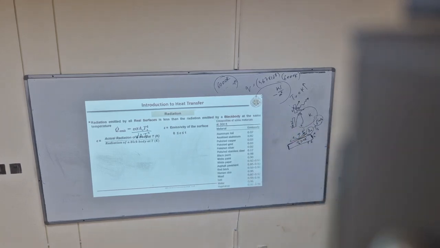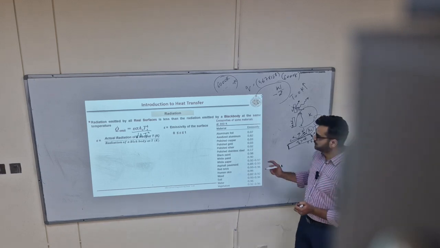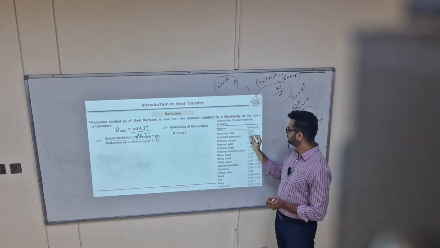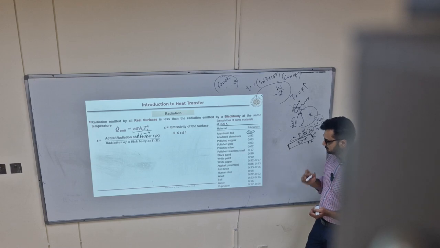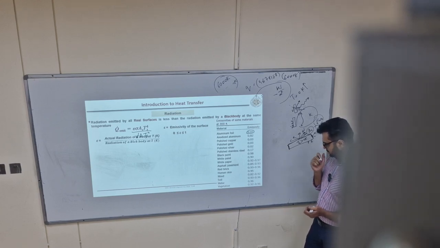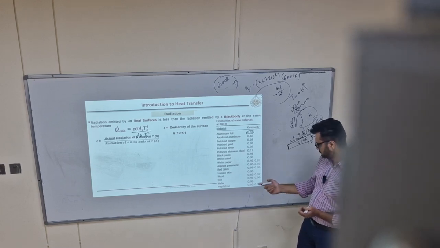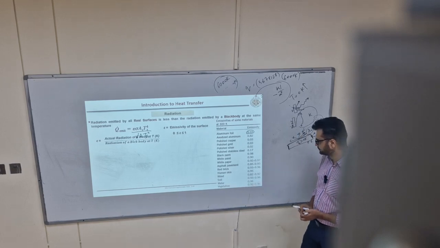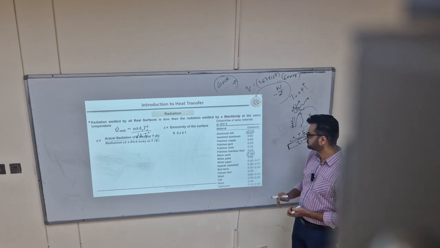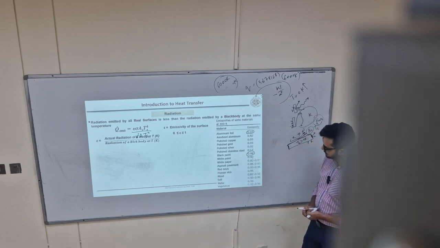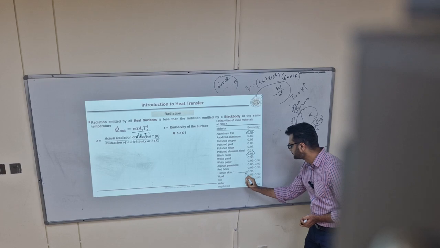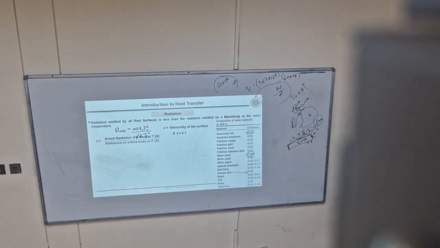So here you see emissivity values for different substances. Aluminium foil has very low emissivity, but water has very high emittance. Black paint. I saw human skin here also, 0.95.